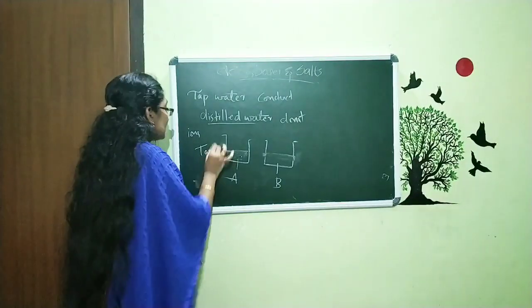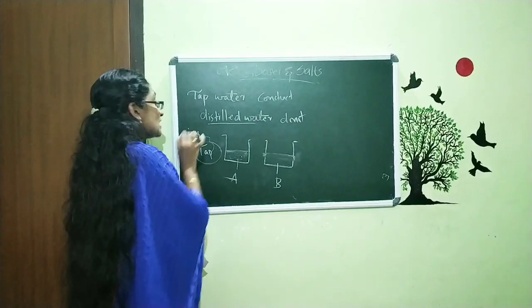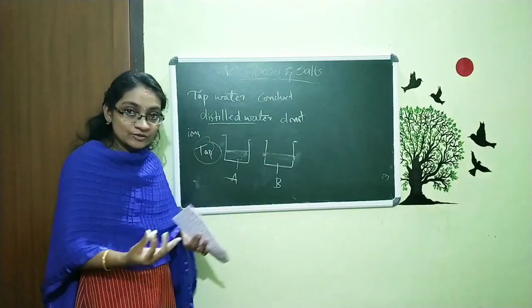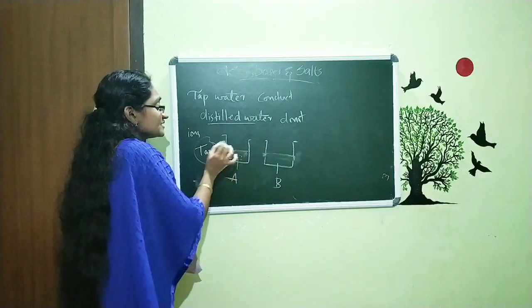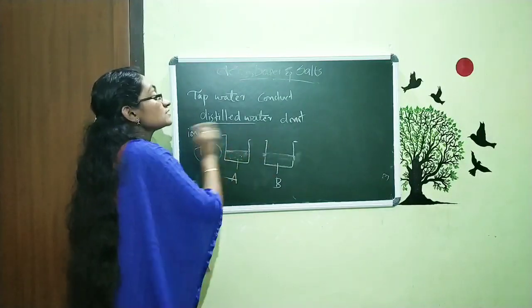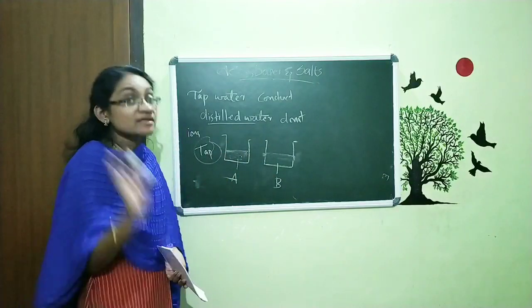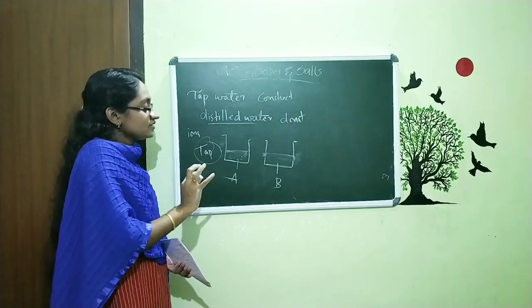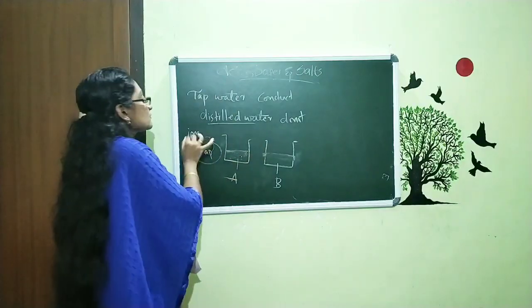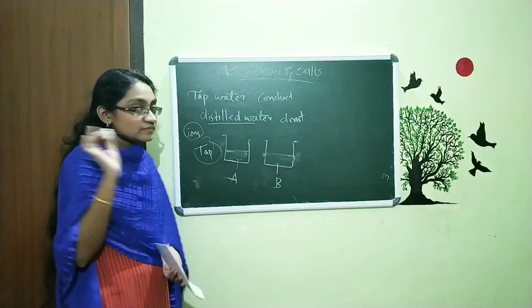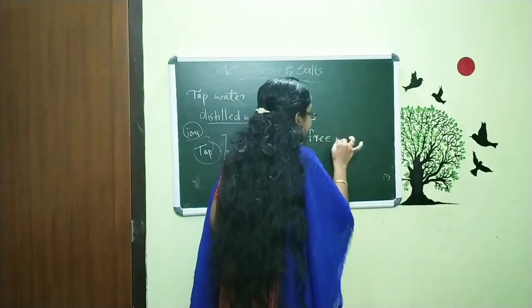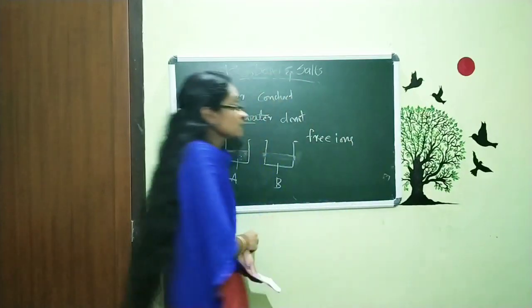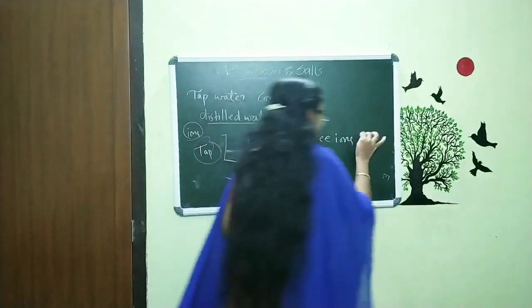In the tap water we have ions present, a number of different types of salts, so it conducts electricity, and this does not. The reason for the conduction here and not there is the ions. And remember, if we have free ions, then it conducts.